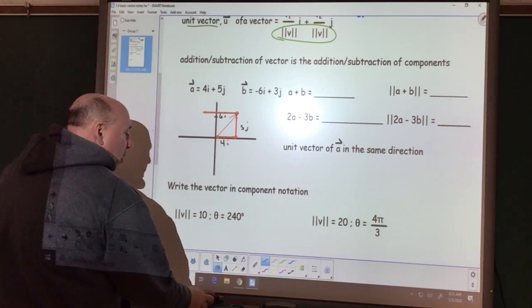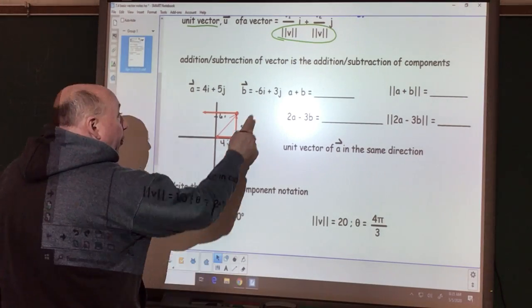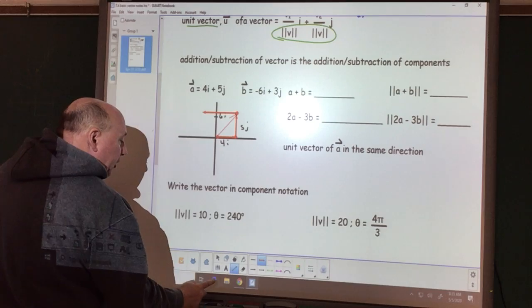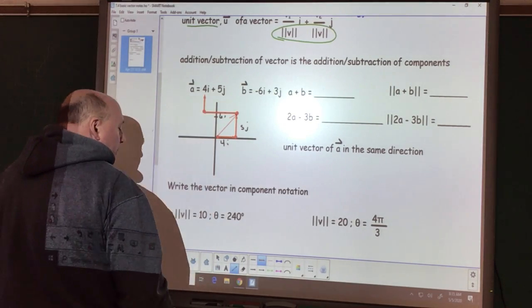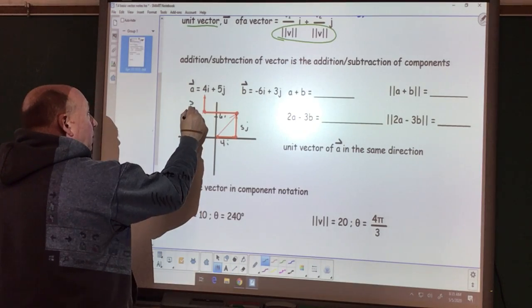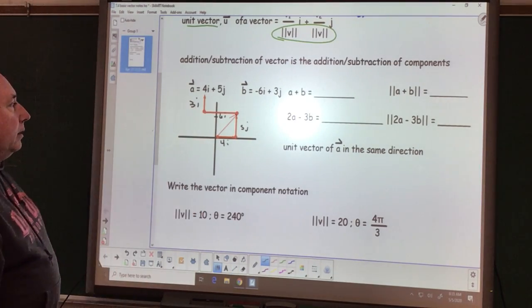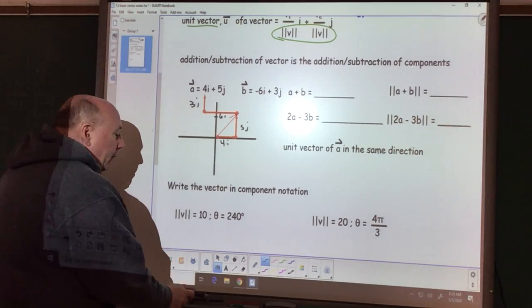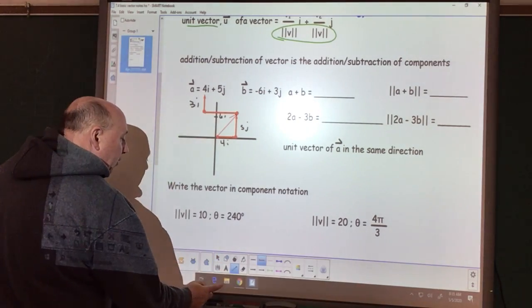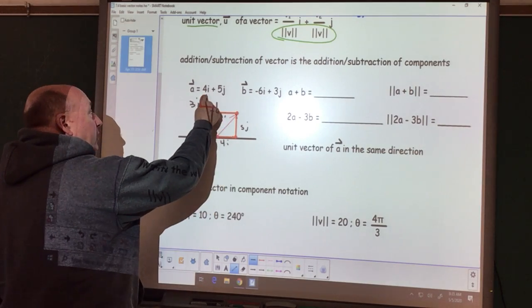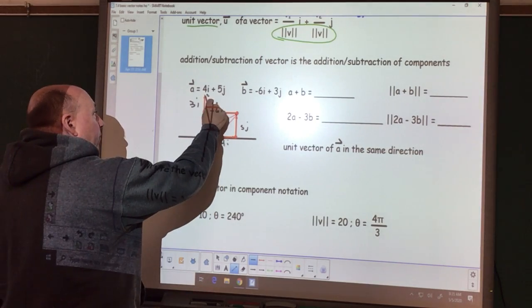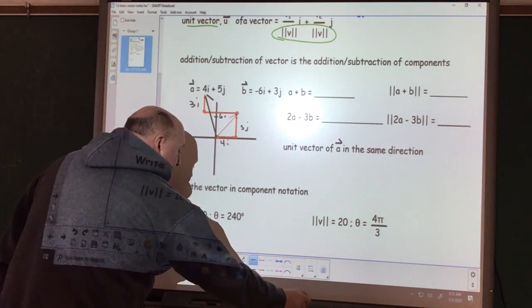And then I'm going to go 3 more in the J direction, so I'm going to go up 3 more. So my resultant vector then is from where I originally started to where I ended. This would be my resultant vector.